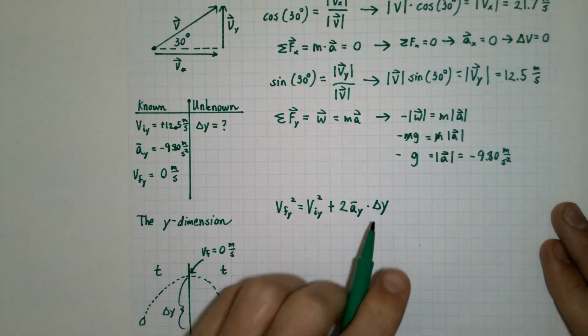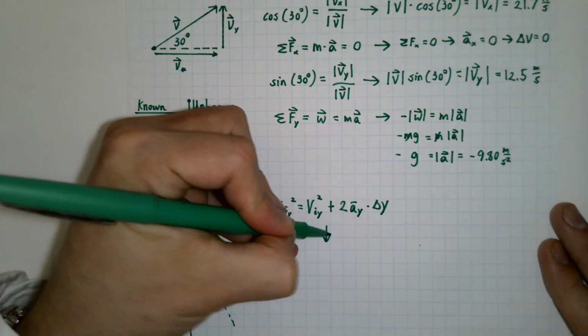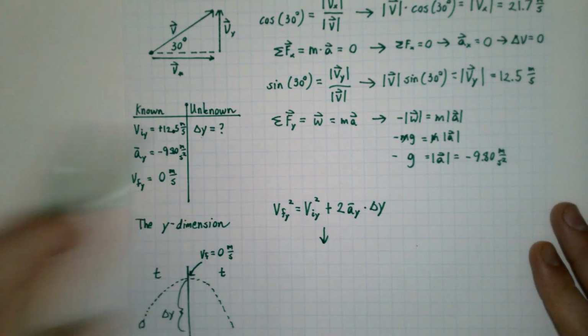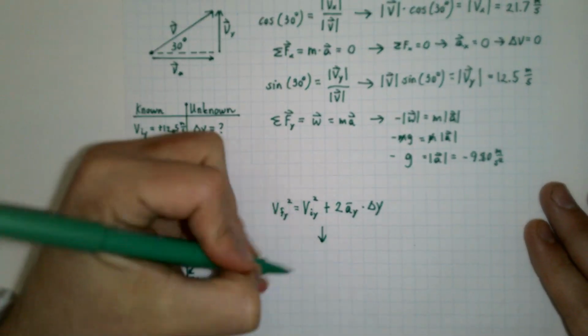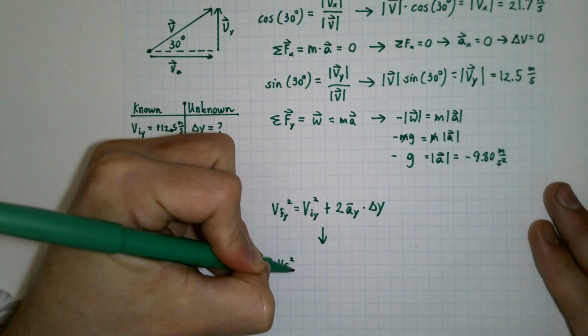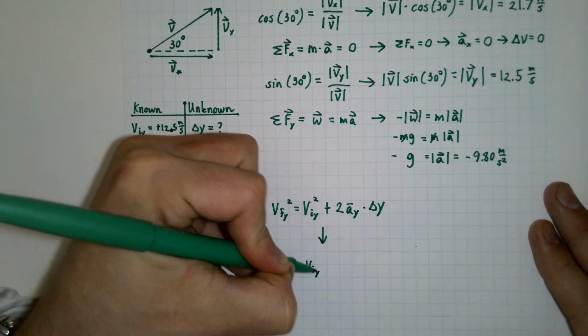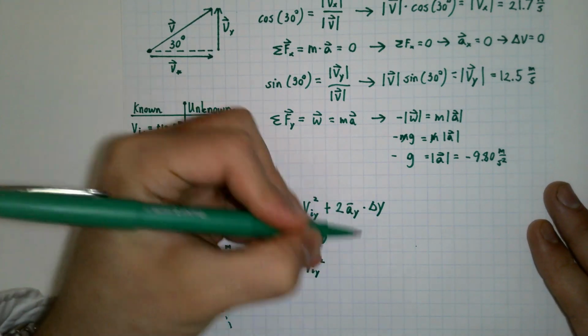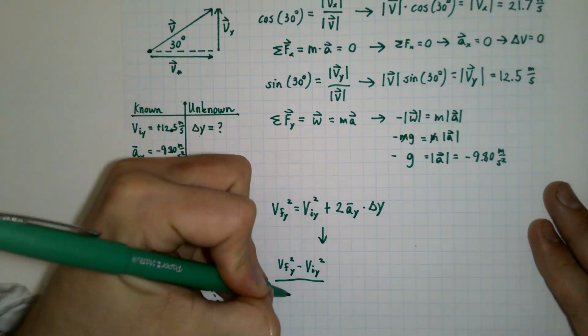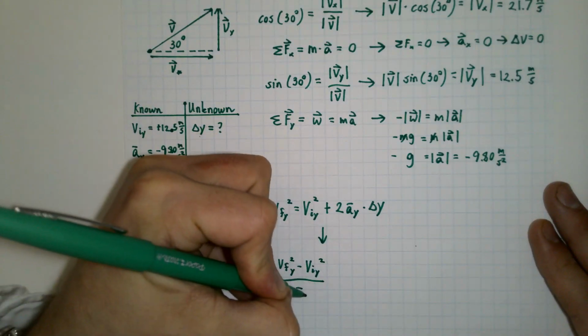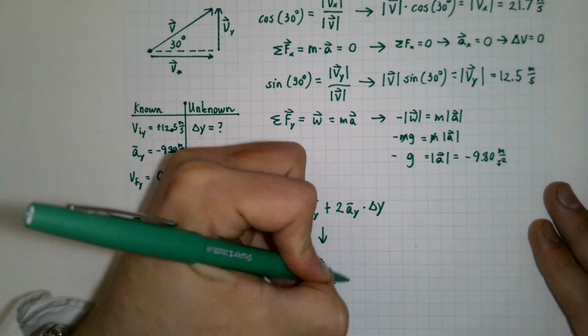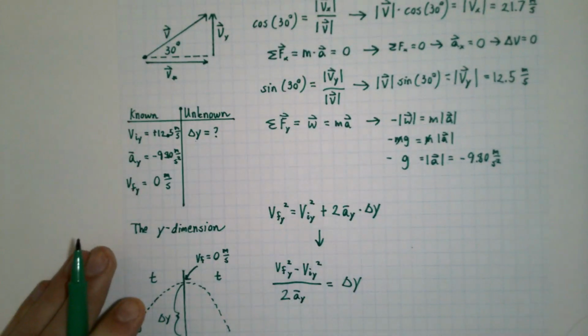Let's rearrange this equation for change in y. That's our unknown, so that's what we'll solve this equation for. We'll move initial velocity in the y dimension squared to the other side, and then we'll divide by 2 times the acceleration in the y dimension. That should give us the change in position that the object went through.